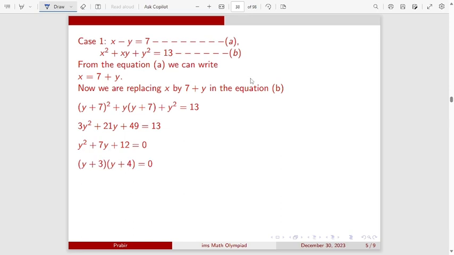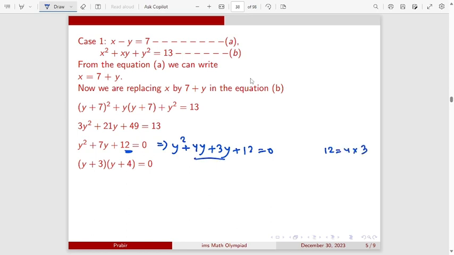Okay, next we are going to factor. You can use algebra to find a solution for y. You can use the quadratic formula, or you can use these simple things. We can write y square plus 4y plus 3y plus 12, because we can break 12 as 4 times 3.